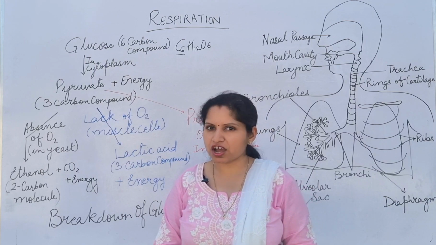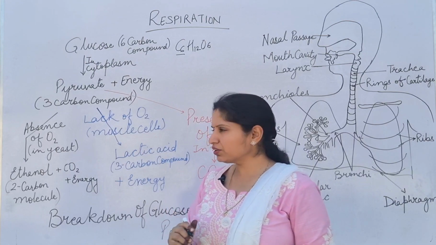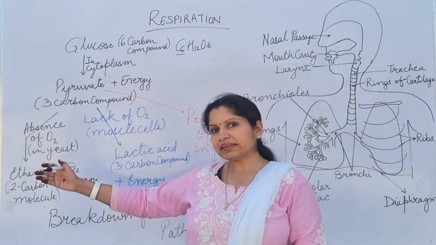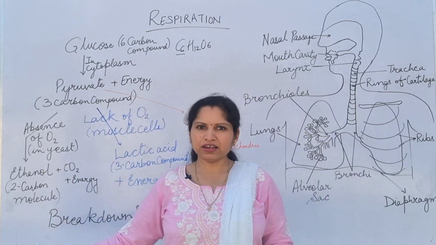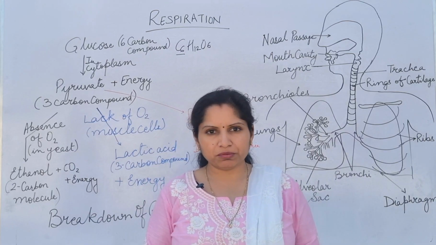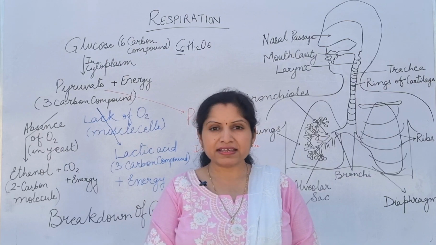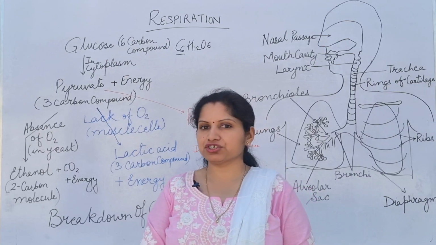Ethanol just has 2 carbon atoms. I hope you remember the formula of ethanol, C2H5OH. So ethanol will be formed, carbon dioxide will be formed, and energy will be released. Fine. This type of respiration is known as anaerobic respiration.